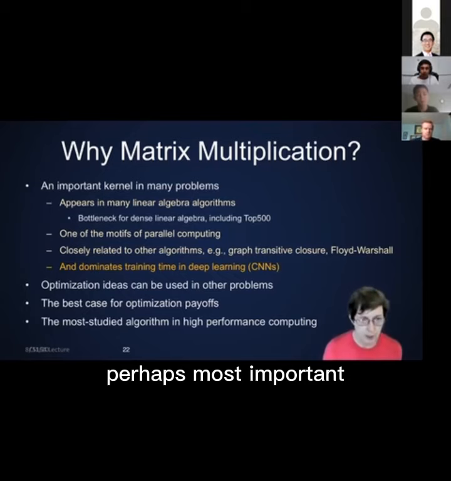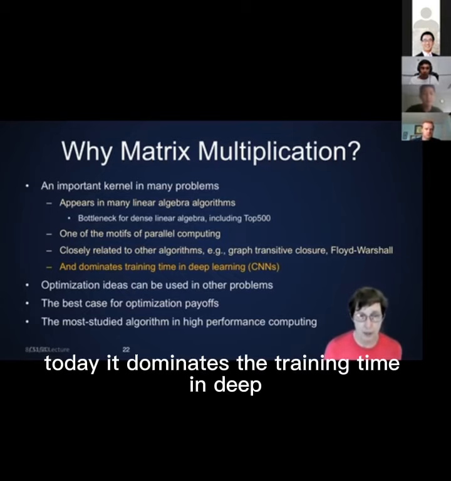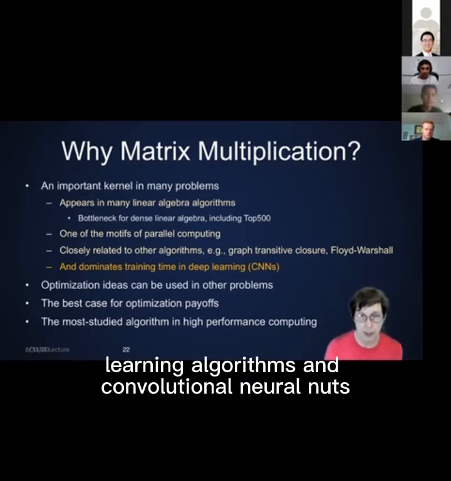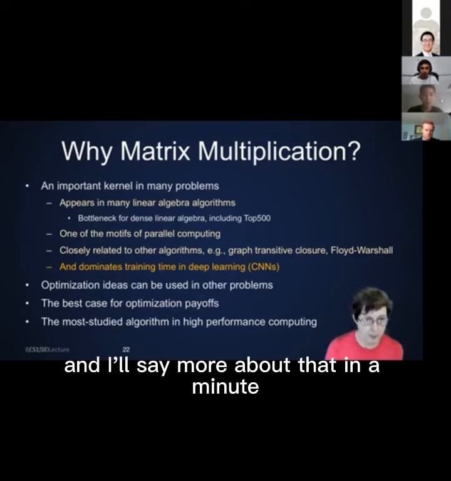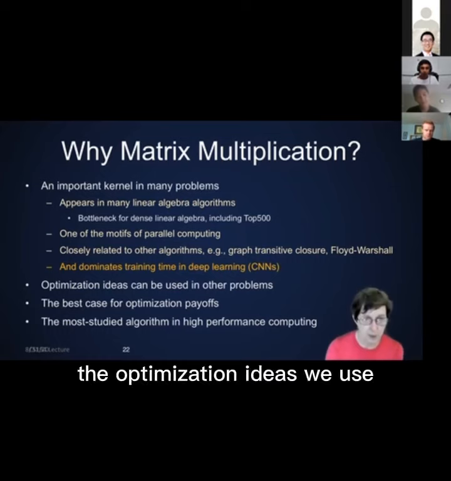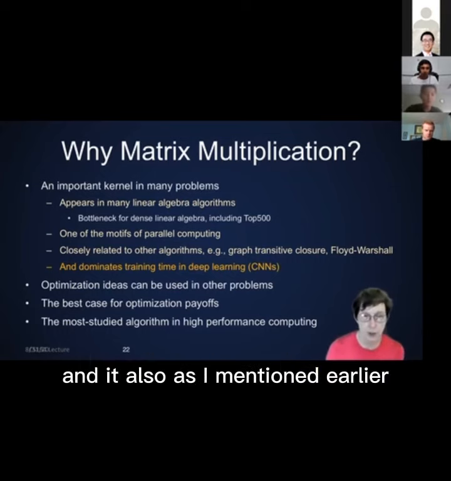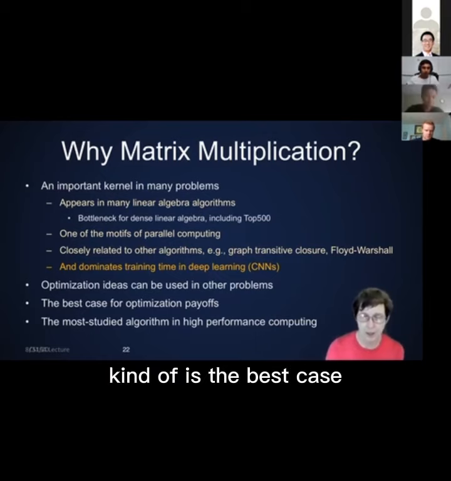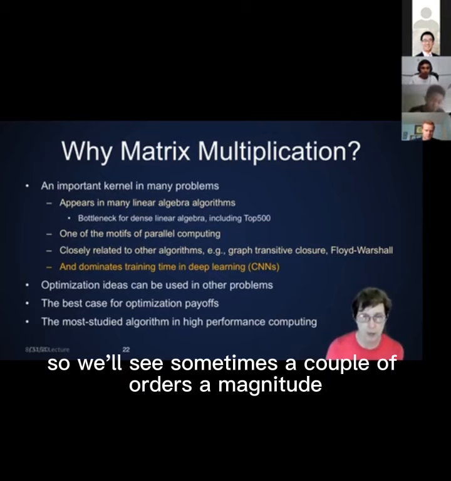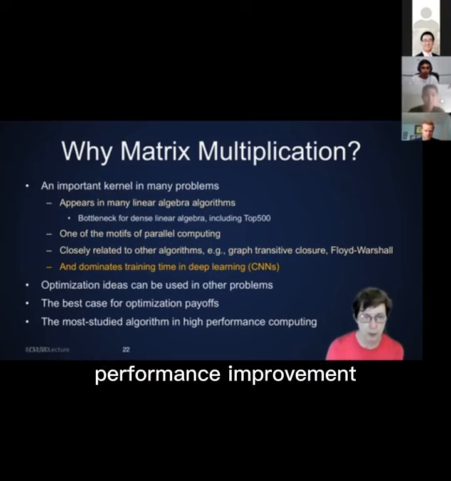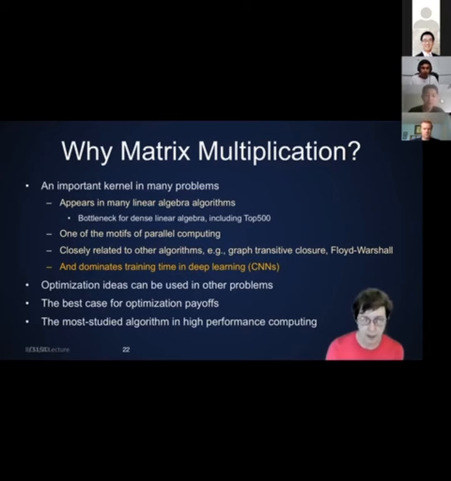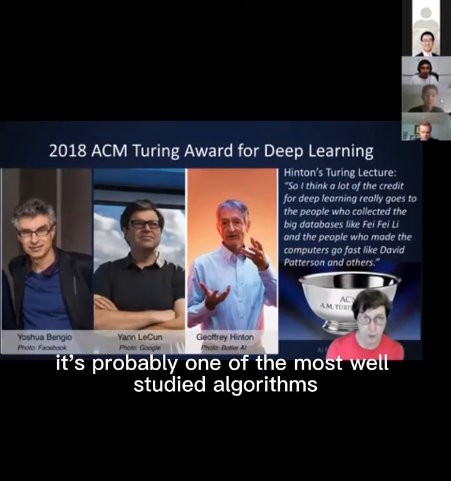Perhaps most important right now, it dominates the training time in deep learning algorithms and convolutional neural nets. And I'll say more about that in a minute. The optimization ideas we use here will also be used in other problems. And it also, as I mentioned earlier, kind of is the best case. So we'll see sometimes a couple of orders of magnitude of performance improvement. And it's probably one of the most well-studied algorithms.